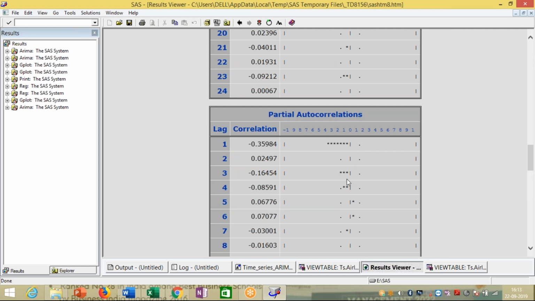After this, you do not generally see very significant lags, but there are certain correlations with the historical lags as well. Now, what does a partial autocorrelation function do? A partial autocorrelation function has the following objective in mind.